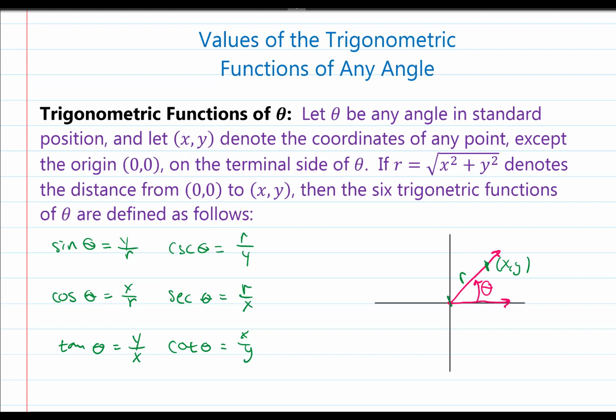Now these are all true provided that no denominator equals 0. It's not possible for r to be 0, but you could have a value of 0 for x or y, which means that tangent, cosecant, secant, and cotangent of angle theta could be undefined.